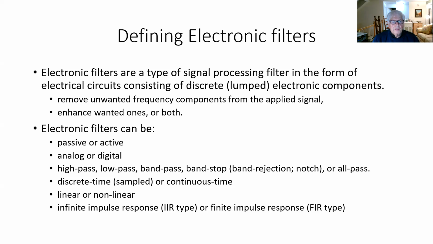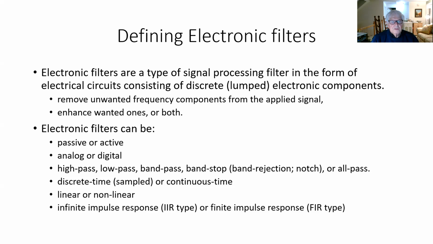And we also want to enhance the wanted ones. So we basically choose what frequency we are looking for, and for us to hear it, we're going to have to amplify it first, and then do all sorts of nice things to it. Okay, pick out the tone and whatever.